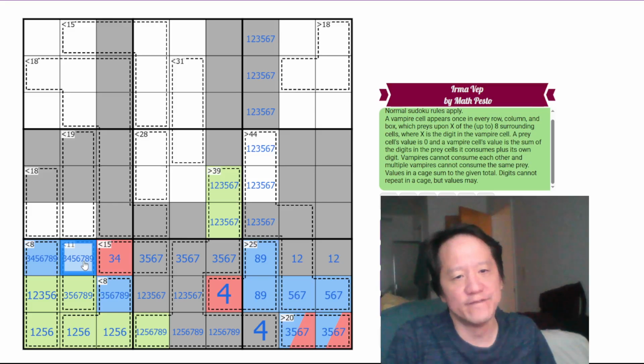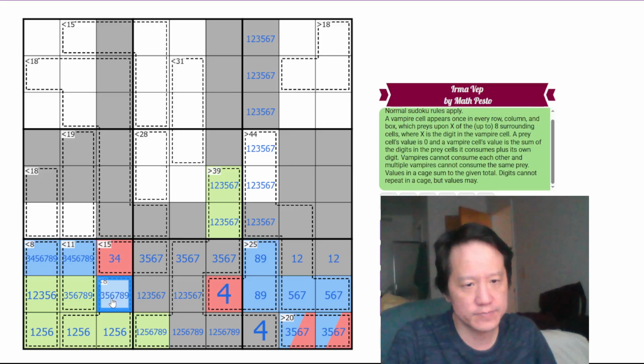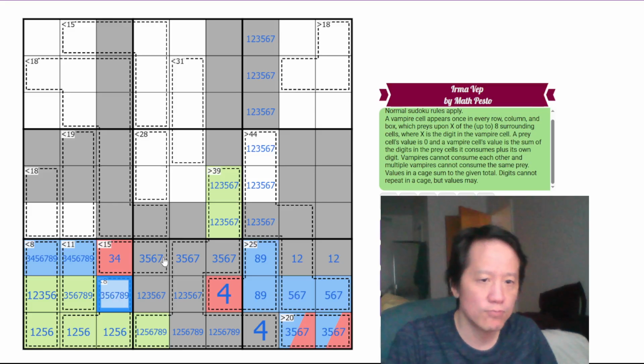This is 0 in value. These are 0 in value. This value is 0. So that's fine.